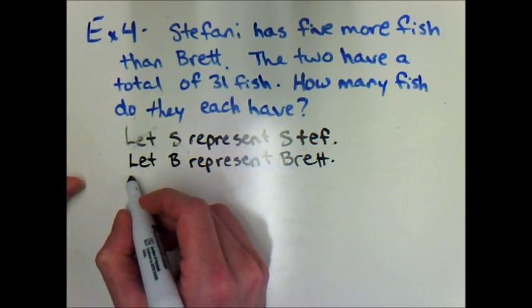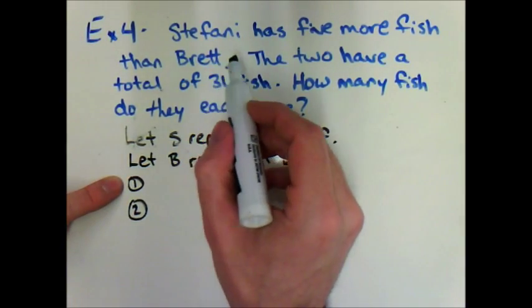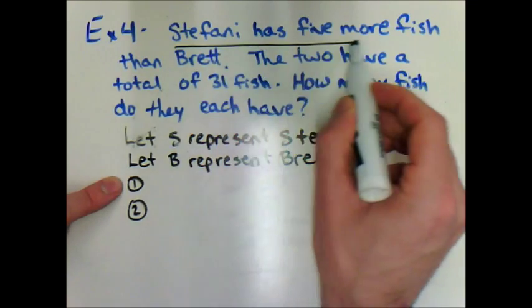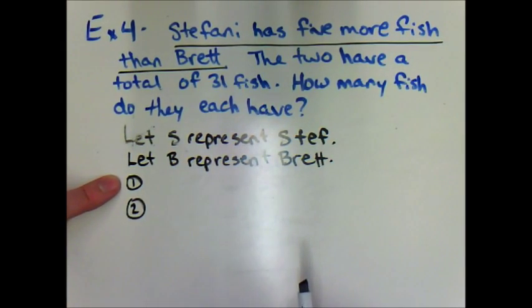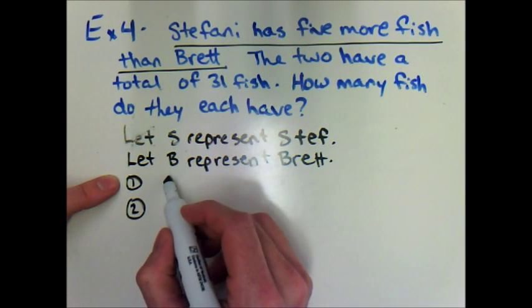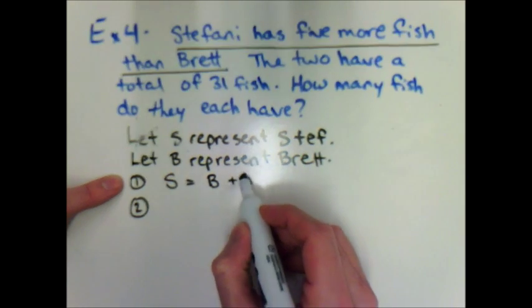Now we need two equations. The first equation is found in the first sentence. Nadia, could you put that into an algebra sentence for us? Stephanie has 5 more fish than Brett. I'm going to write it B plus 5.